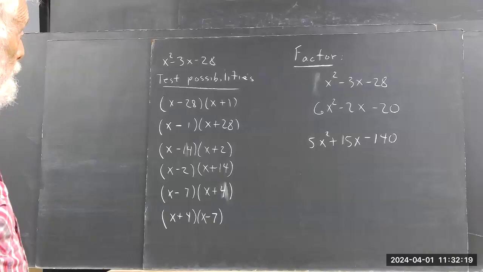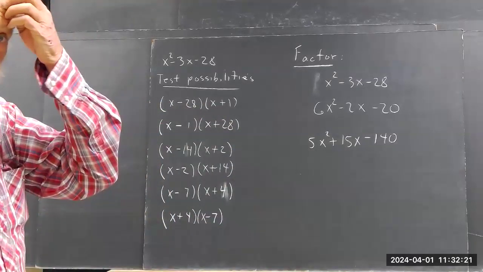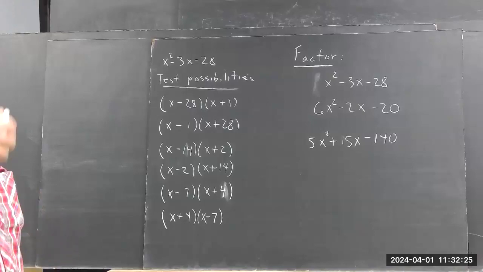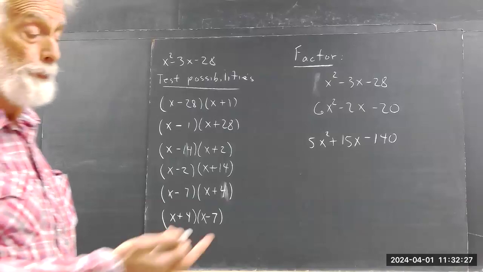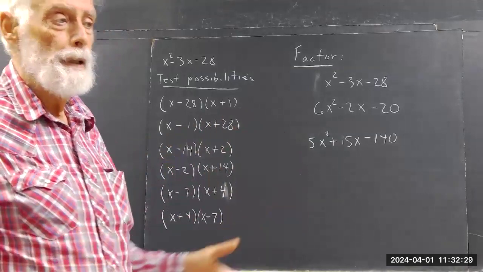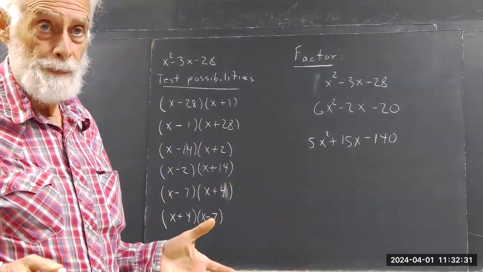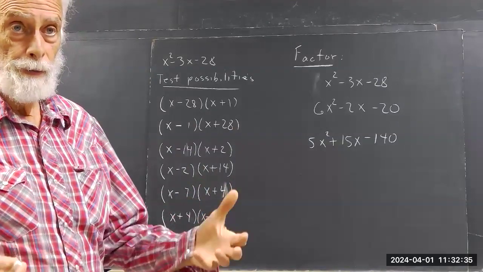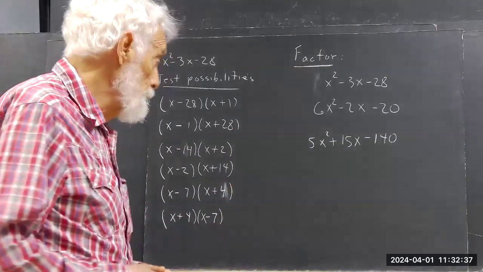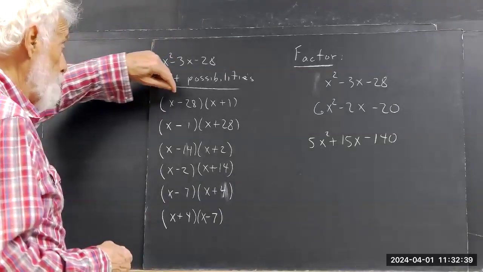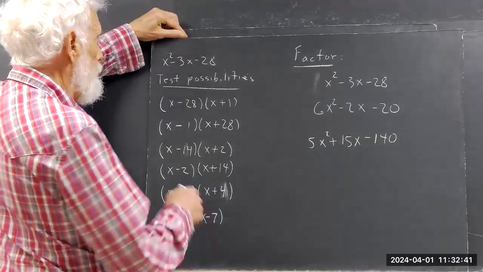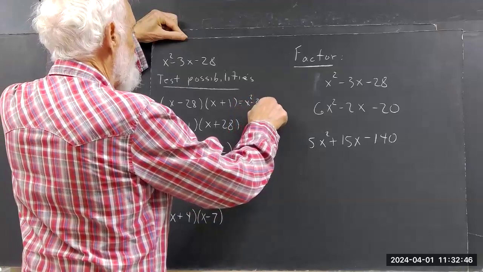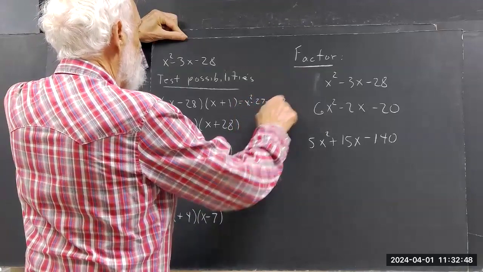Now I'm assuming everybody can quickly and easily multiply these out using the distributive law. Later on in the problem set that I gave you, I asked you to expand some expressions, okay? And using the distributive law, that's the way I want to see them done. We'll talk about that later. Okay, that's x squared minus 27x minus 28.